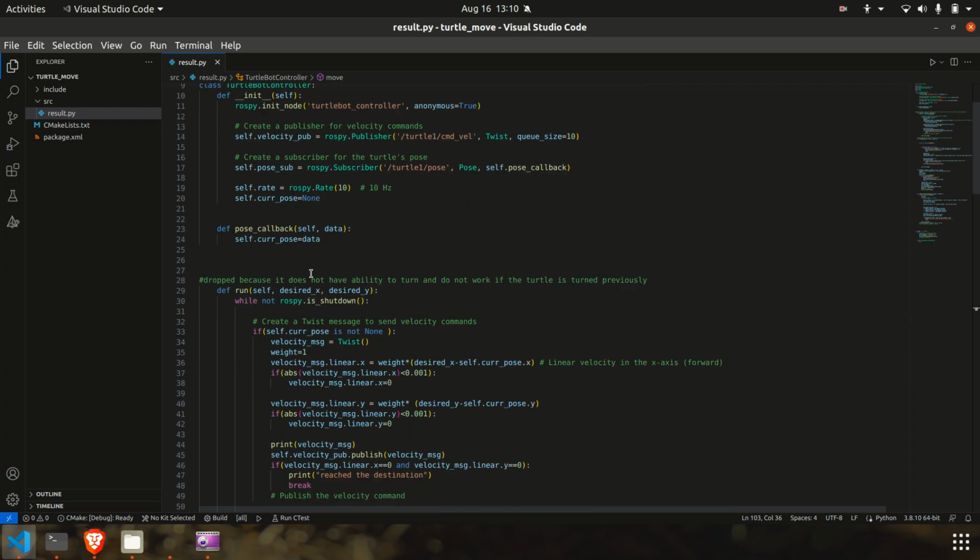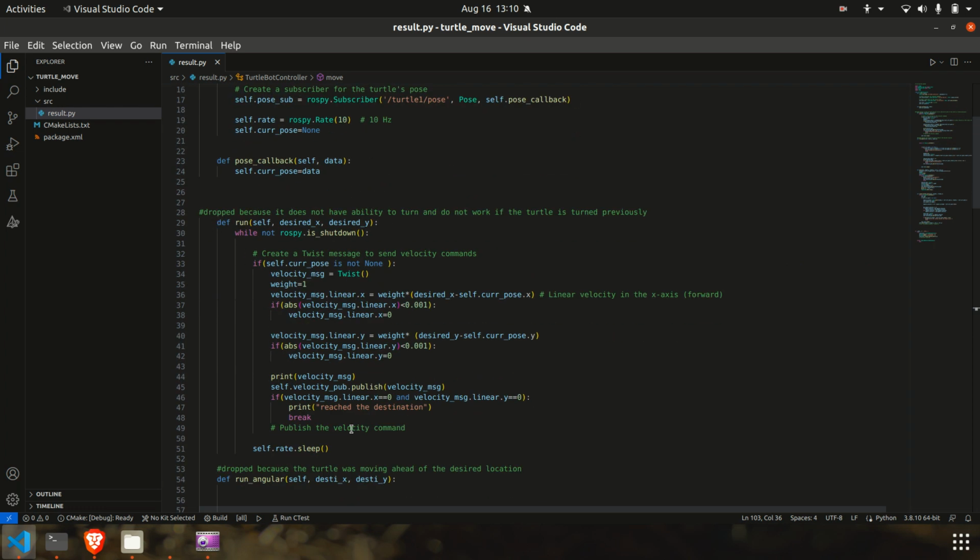As described in my report, in my first attempt, I created this function that was not working properly. It was not rotating the turtle to the desired pose. It was just doing a crab walk of the turtlebot, moving towards the desired point without rotating.